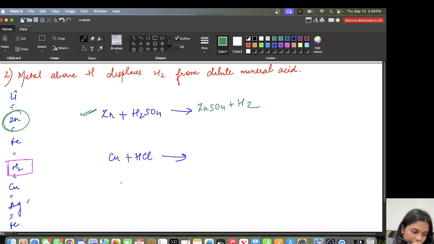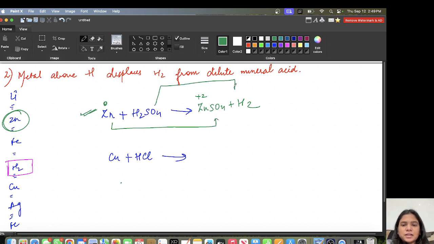Here zinc goes from 0 oxidation state to plus 2 oxidation state, so zinc is undergoing oxidation and hydrogen is getting reduced. Whatever is undergoing oxidation will be your anode, and whatever is undergoing reduction is your cathode.